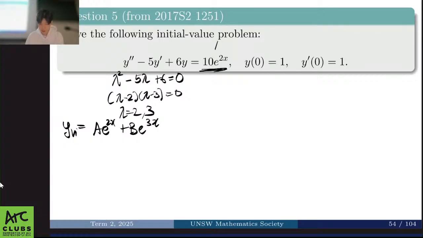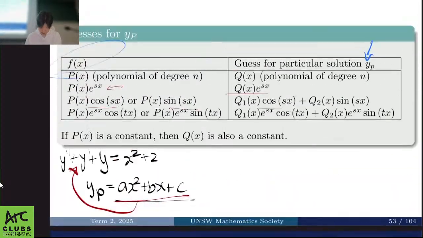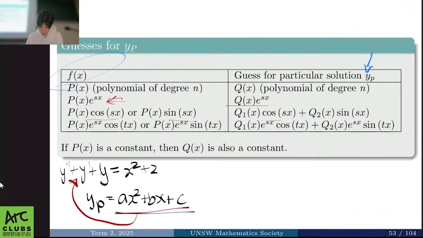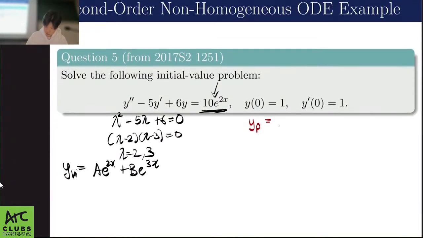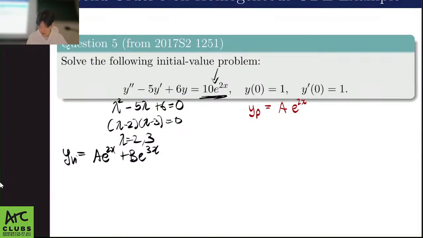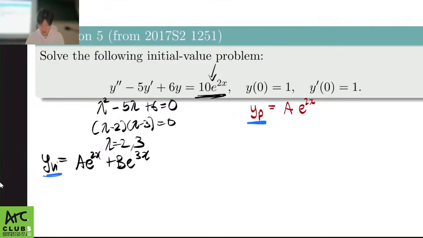But since this is not equal to 0, it's equal to some function of x, I have to make a guess as to what the particular solution is going to be. Remember, if it was some kind of exponential, I want to guess an exponential of the same form. So e to the 2x, so I want to guess maybe a e to the 2x. But you have to note that the particular solution and the homogeneous solution have to be in different forms.